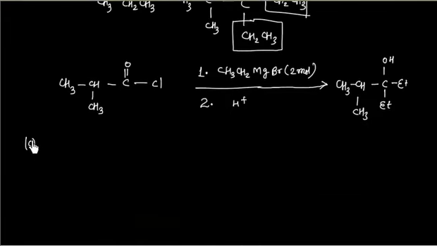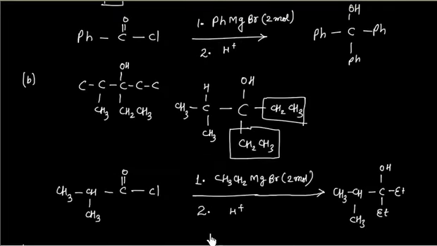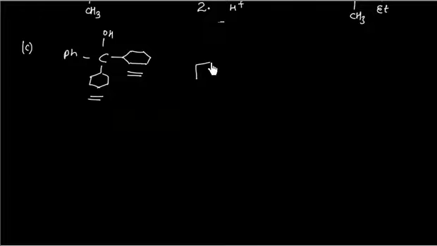Now let us discuss part C. This says we have to prepare dicyclohexyl phenyl methanol. So we have dicyclohexyl, 2 cyclohexyl groups are attached. Now this group and this group are identical. This suggests we have to consider this as a Grignard reagent.